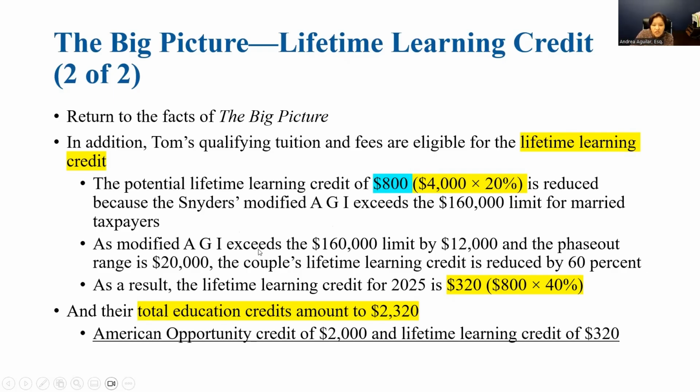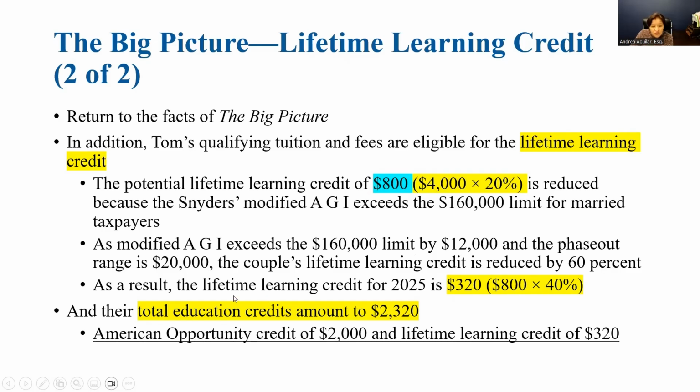The same limitation that we apply to the American Opportunity Tax Credit needs to be applied here. So we are going to first calculate the reduction amount, and it's the same, 60%, because the modified adjusted gross income exceeds the $160,000 limit by $12,000, and the phase-out range is $20,000. So the couple's lifetime learning credit is reduced by 60%.